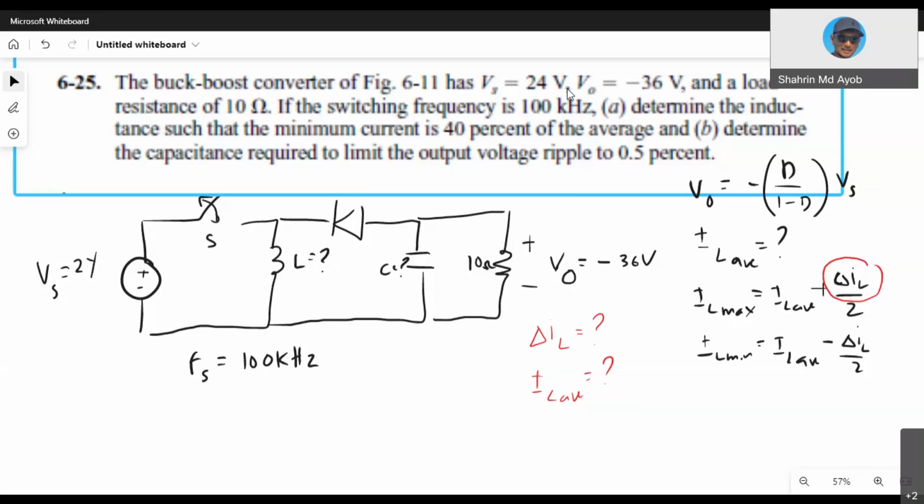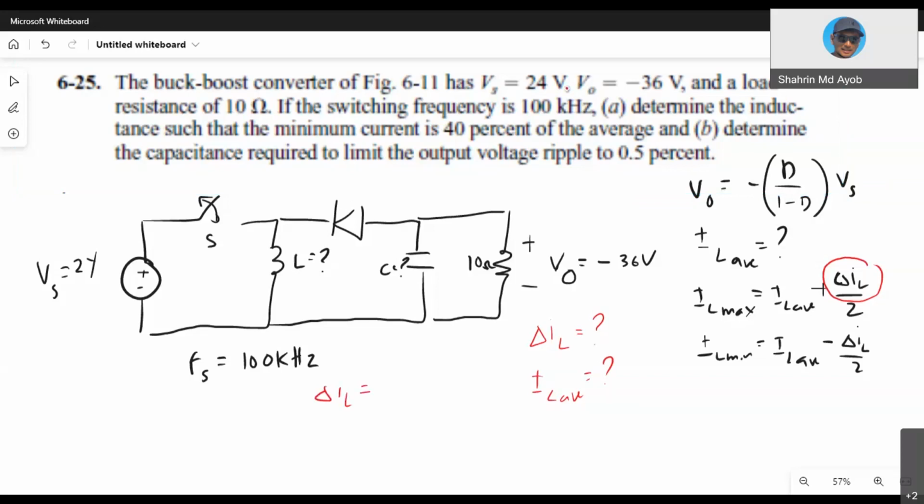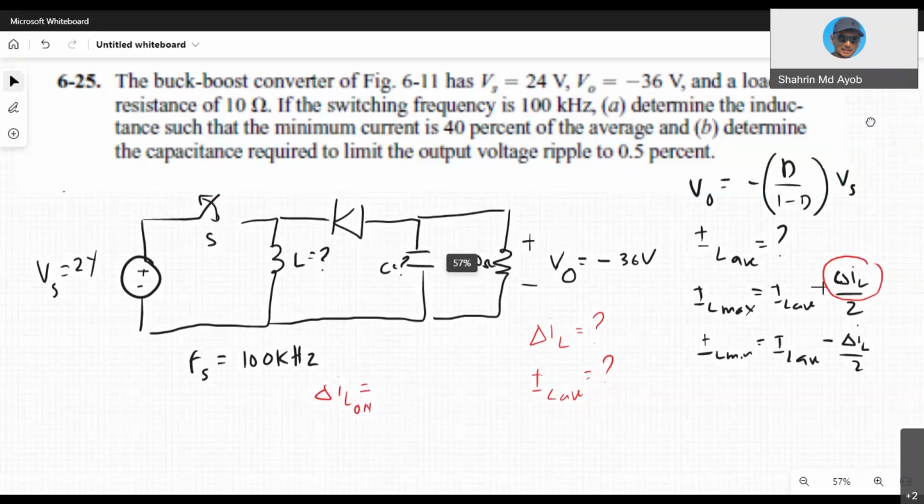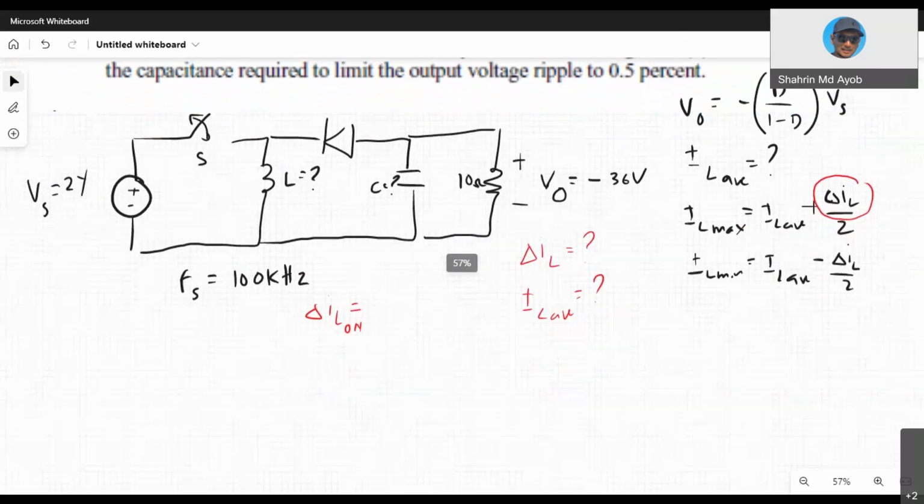Okay, if you start with delta IL, we know that delta IL is from the circuit. For example, delta IL on. I use delta IL on because delta IL off and on are actually the same. So I use delta IL on when the switch is on, so I can just put it equal to Vs over L times dt.